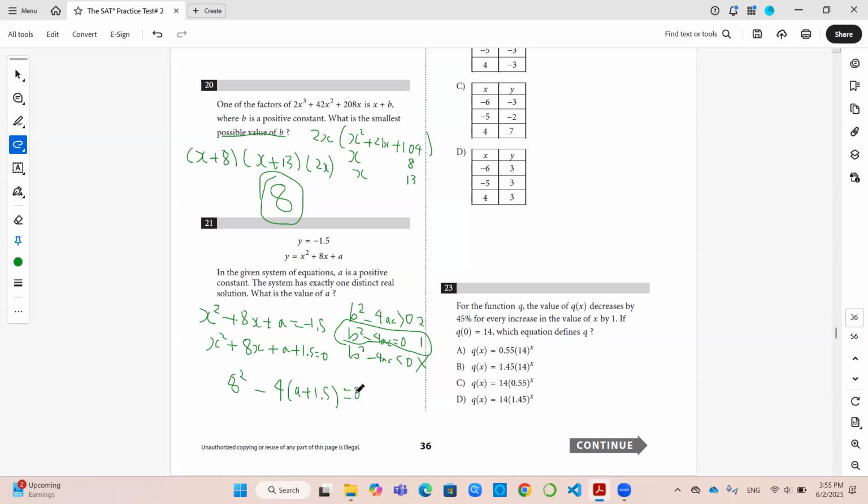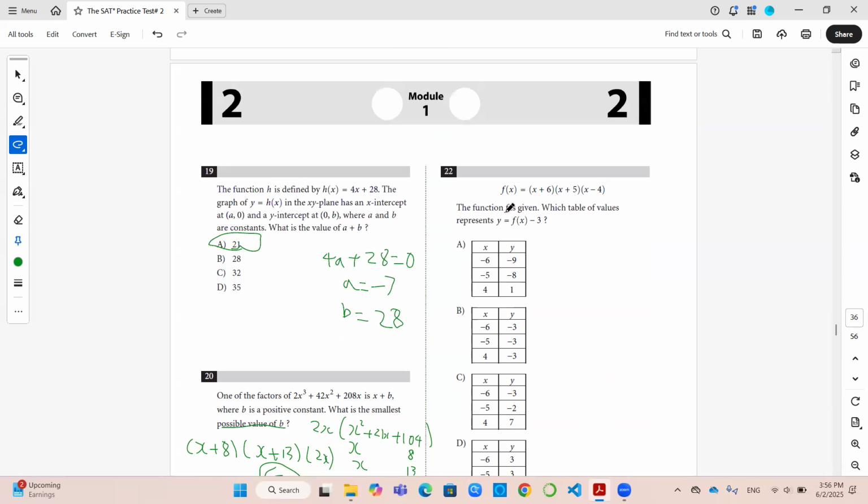And I'm going to go ahead and say that 64 is equal to 4 times, so 16 is equal to a plus 1.5. a is equal to 14.5. So 14.5 is the correct answer.